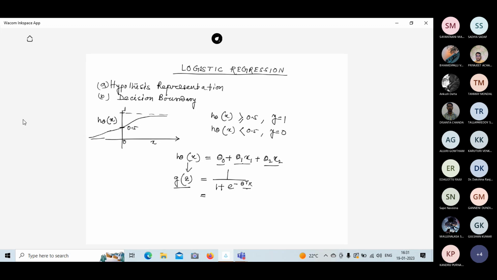Okay. Now we will get this hypothesis representation, and for this particular hypothesis representation, we will get a decision boundary, and with that decision boundary, we can classify two different sets of data.